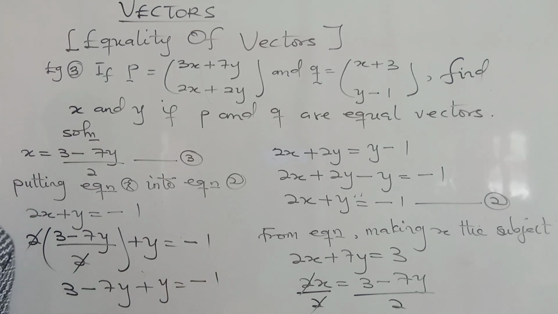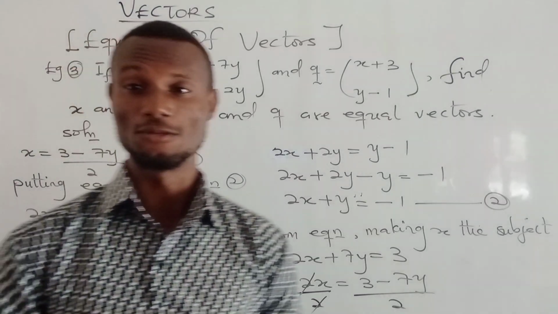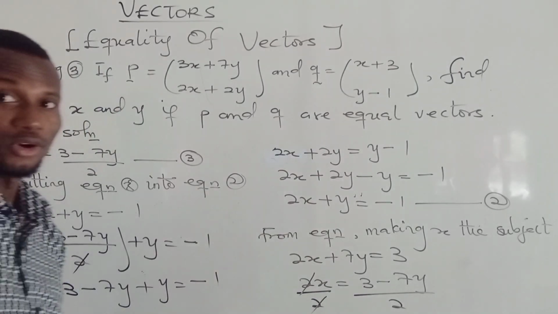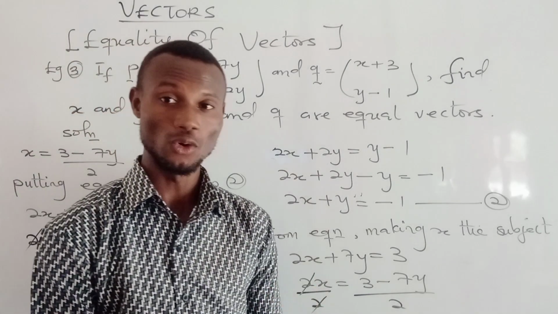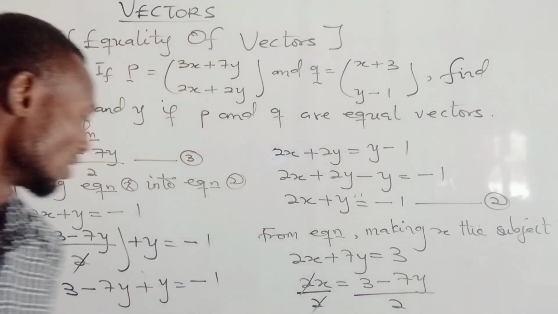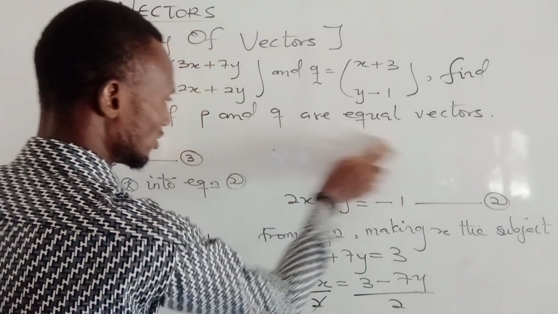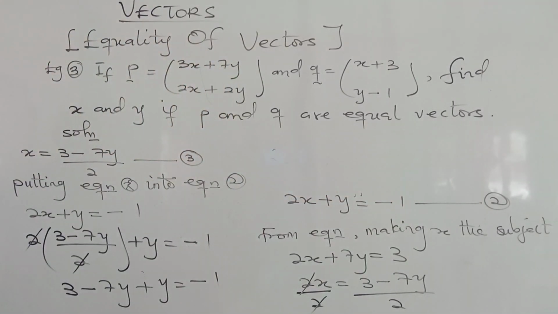I hope you understand up to this point. Okay, so this becomes a simple linear equation to solve for Y. I need more space, so let me clean a portion of the board so that we can continue. So we've reached here. Let me clean this side so that we can proceed and solve for the value of Y. So we just need to group like terms.